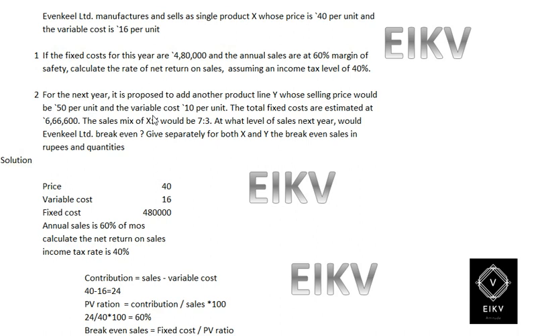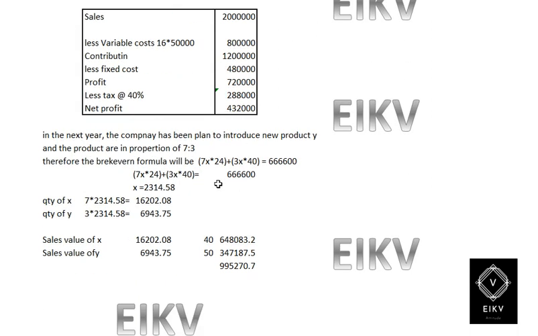The selling price of product Y is 50 rupees and the variable cost is 10 per unit. They have asked us to find out the break-even point, quantity as well as value. So for that, we have made a formula. The new product line is product Y, and the product quantities are in proportion of 7 is to 3.